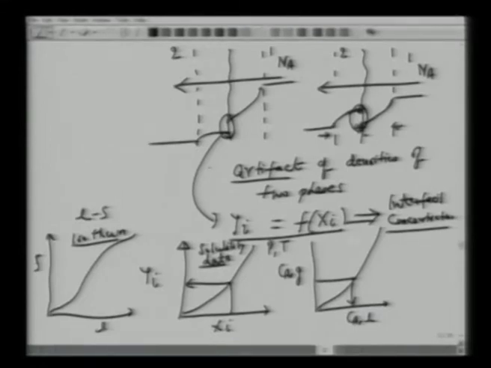Now if you understand this, we can obtain expressions assuming a steady state. If it's a steady state, whatever diffusion in moles per second per meter square we have in the gas phase will also be the same in this liquid phase.